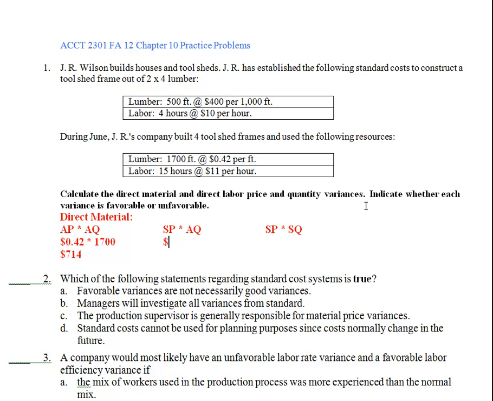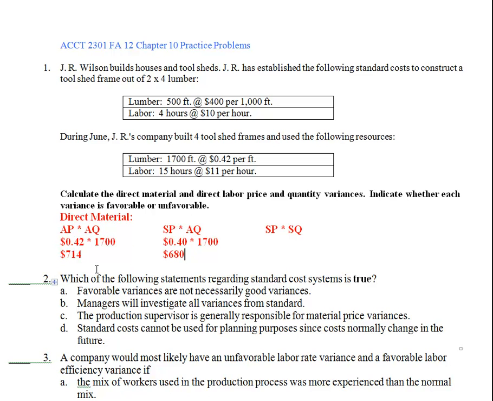To figure out the standard price, I want to find the cost per foot, so I take $400 and divide it by 1,000 feet. That gives you 40 cents per foot. I'm going to multiply that by the actual quantity, which is 1,700. So I have 40 cents times 1,700 feet that were actually used, and that gives me $680.